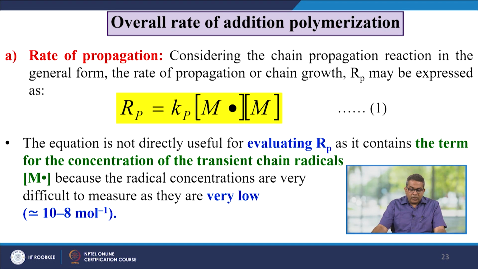Now, rate of propagation. Considering the chain propagation reaction in the general form, the rate of propagation or chain growth Rp may be expressed as Rp = kp[M·][M].